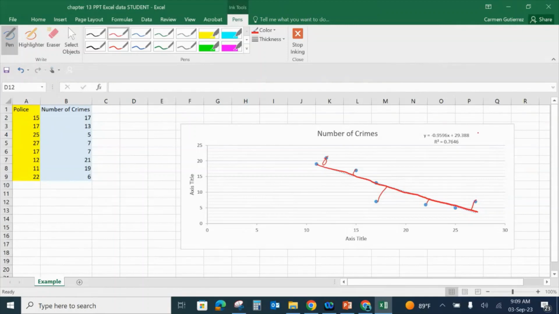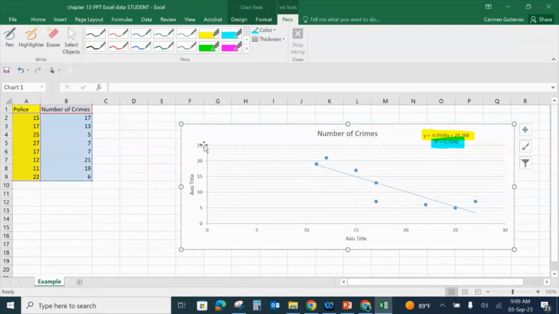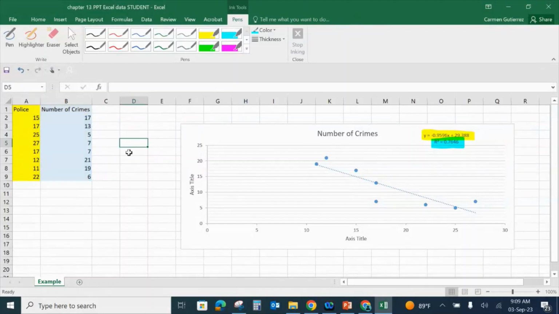Now, this is my equation of the line, right here, and it also gives me my coefficient of determination. So the exercise, question B, asked for the scattergram, which is there. You can stop inking. You can click on a particular graph. See, if I click outside, I'm not in the graph.